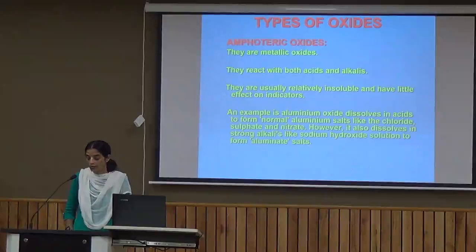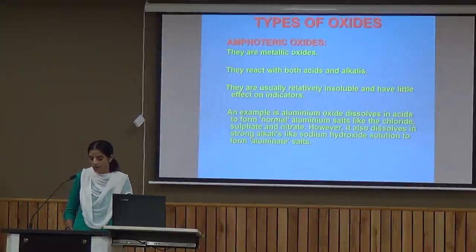They are usually relatively insoluble and have little effect on indicators. An example in this category is aluminium oxide, which reacts with both acid and base. When it reacts with acid, it forms aluminium salt, and when it reacts with base, it forms aluminate salt. So in both cases, whether reaction with acid or with base, it forms salt.